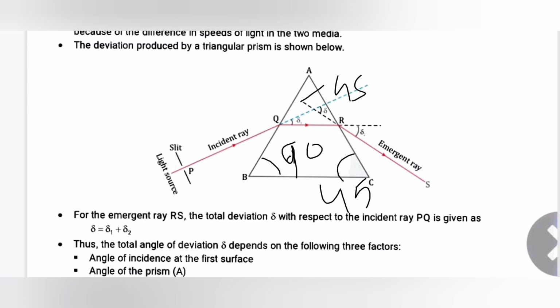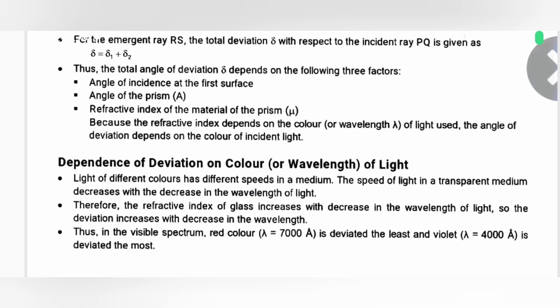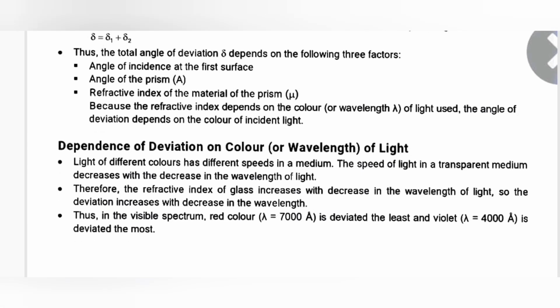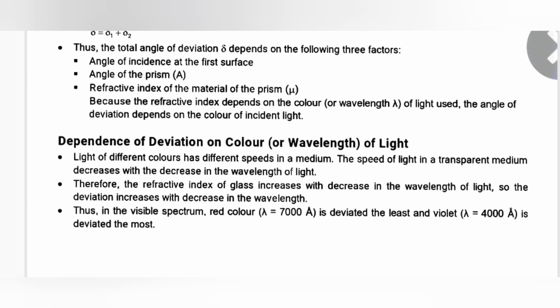Now let's begin with our next topic: dependence of deviation on color or wavelength of light. Light of different colors has different speed in a medium. We have already done this in the previous chapter of refraction of light at plane surface. The speed of light in a transparent medium decreases with the decrease in the wavelength of the light.